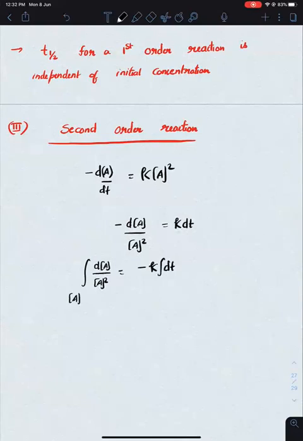The concentration is varying from A naught to AT in a time of 0 to T. Okay, if you know the formula, integral 1 by x square dx is equals to minus 1 by x.